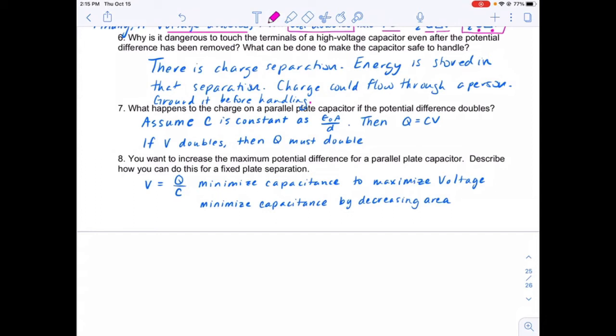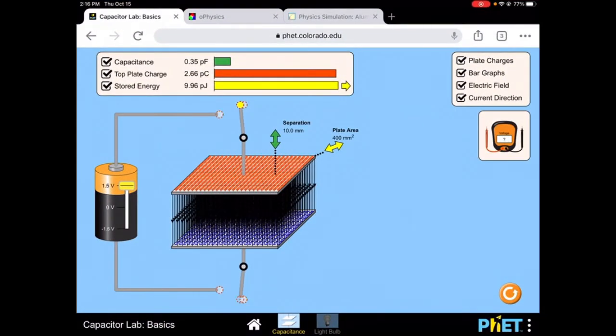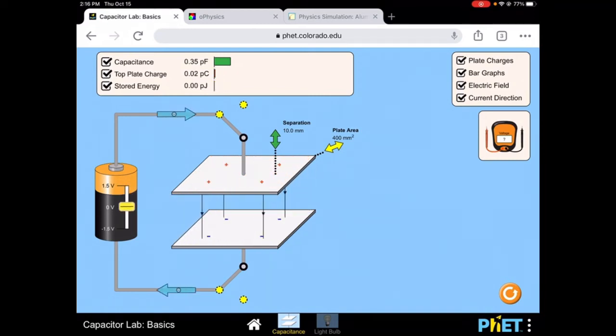What happens to the charge on a parallel plate capacitor if the potential difference doubles? We're assuming here that C is constant, then Q equals CV. So if voltage doubles, Q must double. In this scenario, we're connected to the battery. Let's do an example.